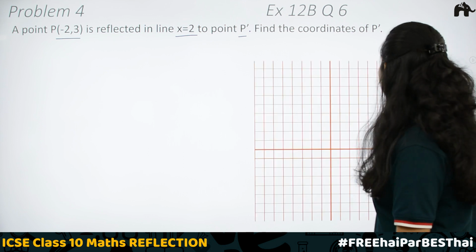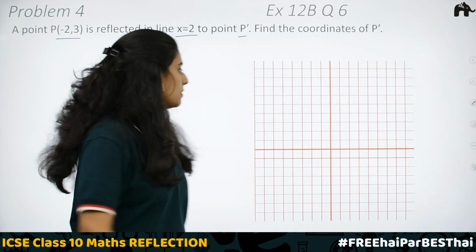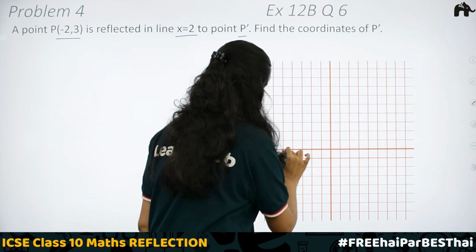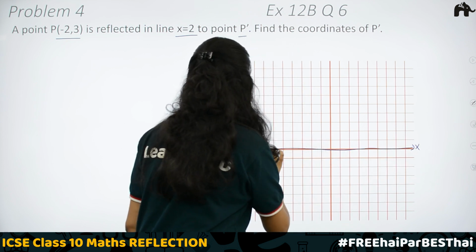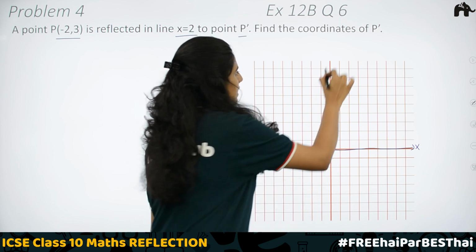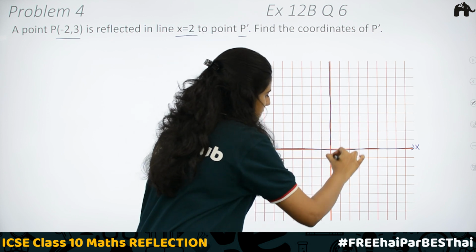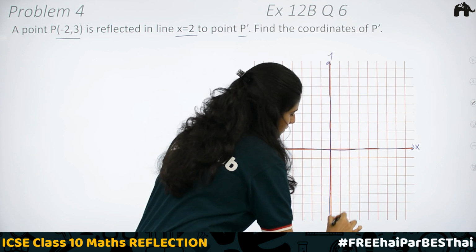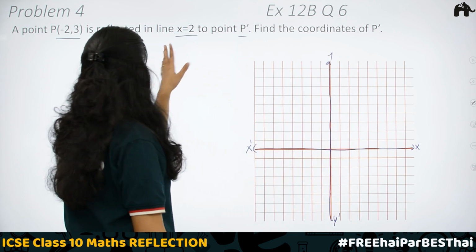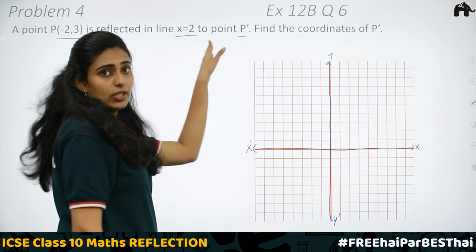Okay. Let's take a graph, mark the x-axis, x dash, then the y-axis, y dash. We have to get the line x = 2.